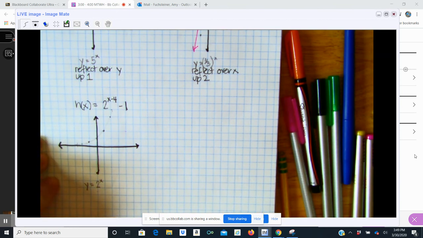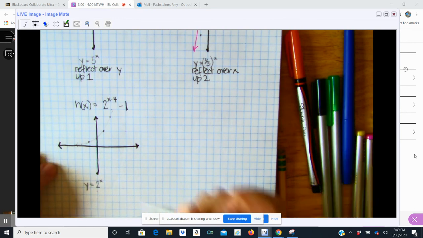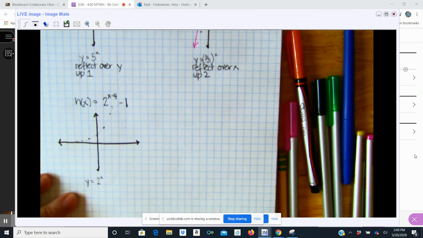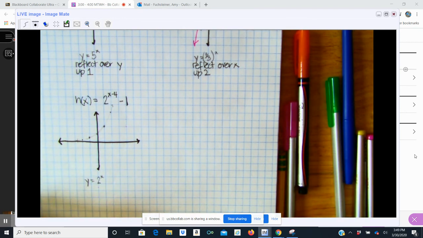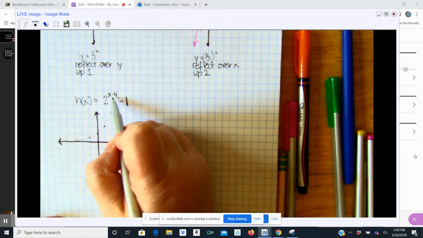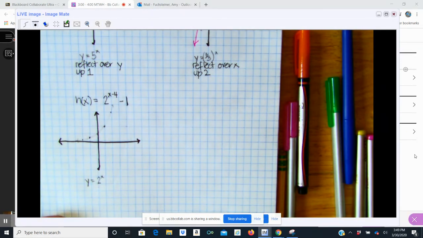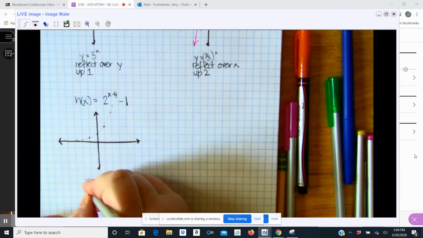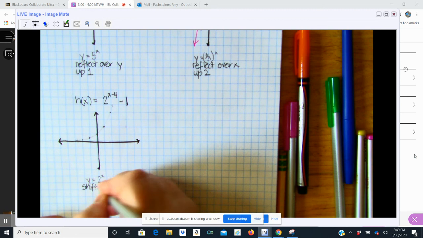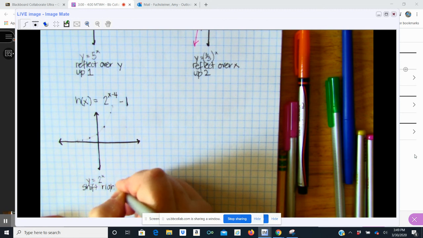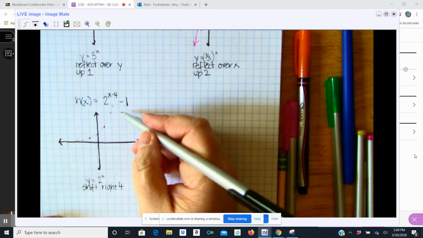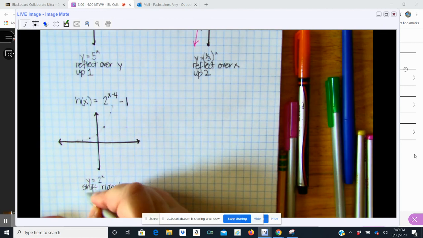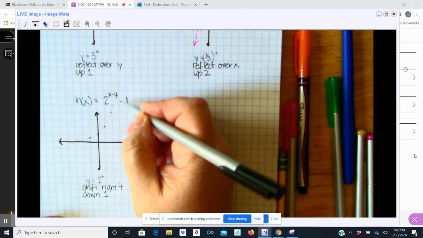Now let's figure out our transformations. What happens when I subtract 4 from my x's? We shift it right 4, and then we're also going to shift it down 1, because we've got a minus 1.